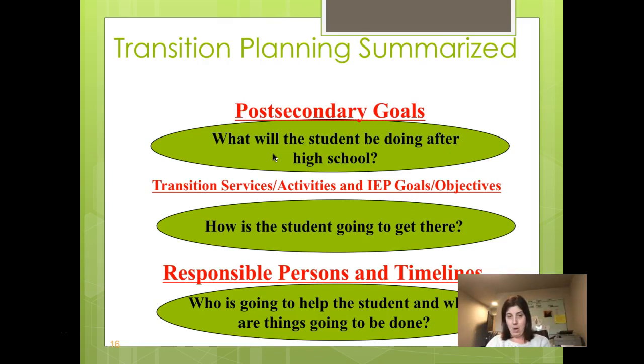How are they going to get there? And who is going to help the student, and when are things going to be done? So it's a way to determine goals for those transition periods, and it forces the team to really think about what the future is going to look like and determine what goals are going to best get the student there.